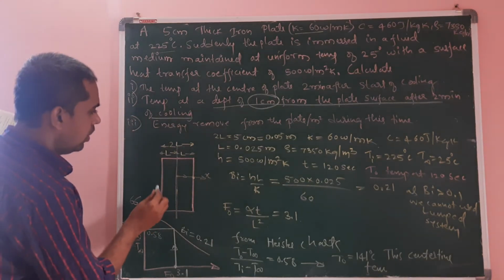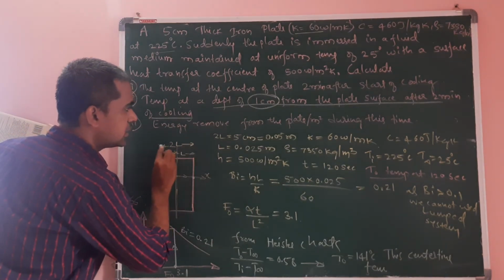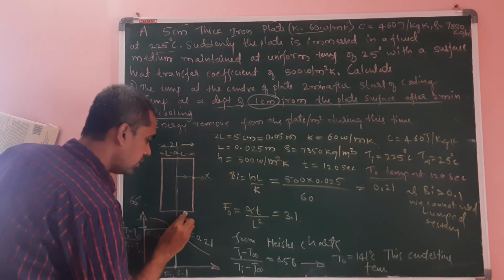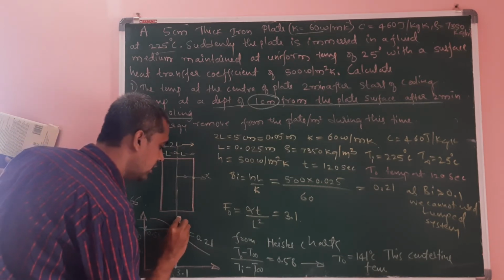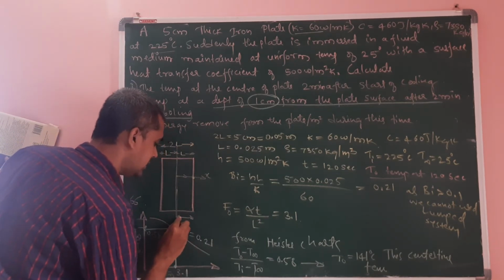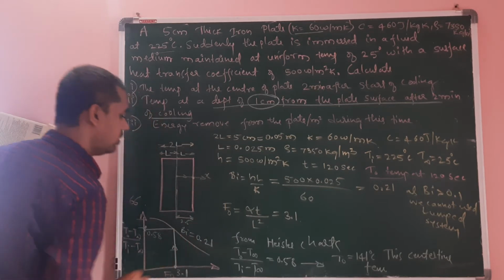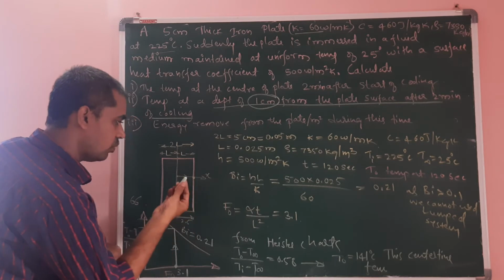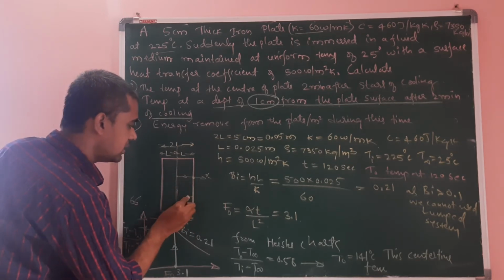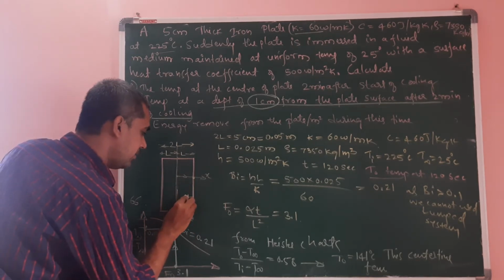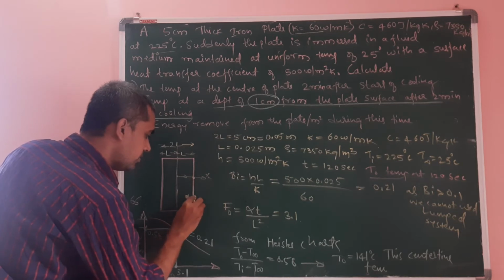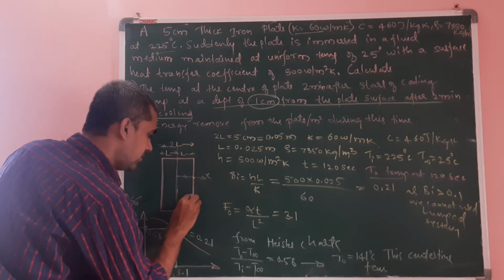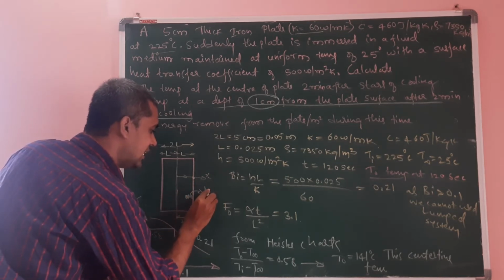Here the total is 5 centimeter, therefore from the center line it will be 2.5 centimeter. Then 1 centimeter from the surface means the distance from the surface is 1 centimeter.